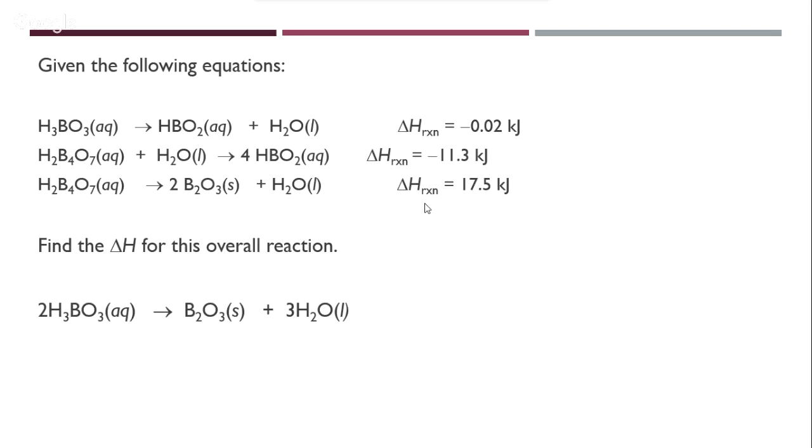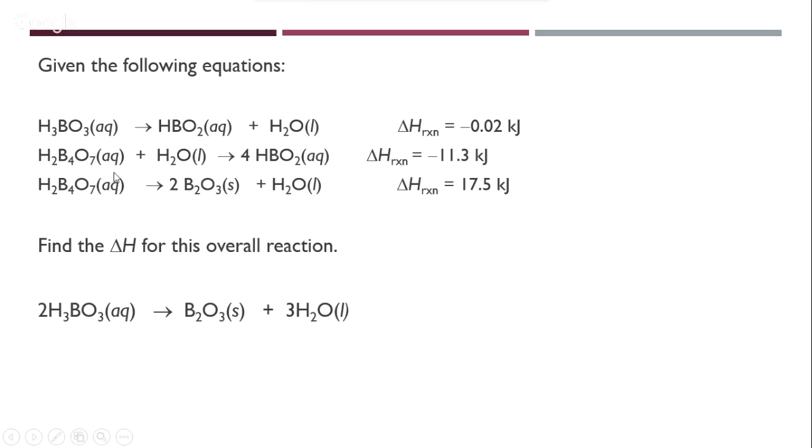There are three reactions that have been given to us, and their enthalpy changes of reaction have been given, and we need to find the delta H for a new reaction which is not a part of any of the earlier reactions. Please note this reaction is not present in the above part.